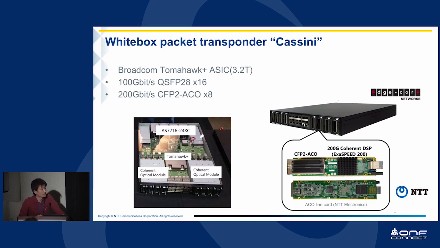And NTT Electronics helped to develop the optical coherent line cards, and they also provide the CFP2-ACO module to the Cassini box, as well as other optical companies like Oclaro, Finisar, and so on.